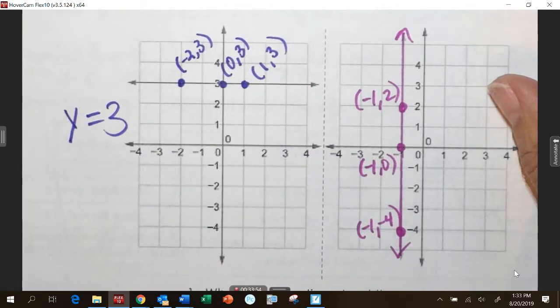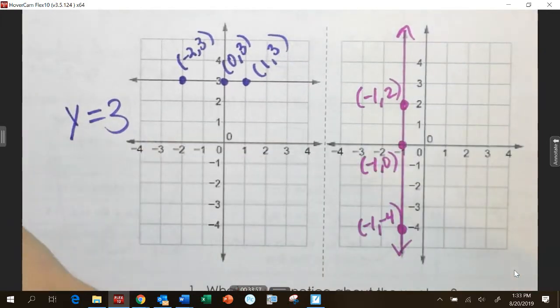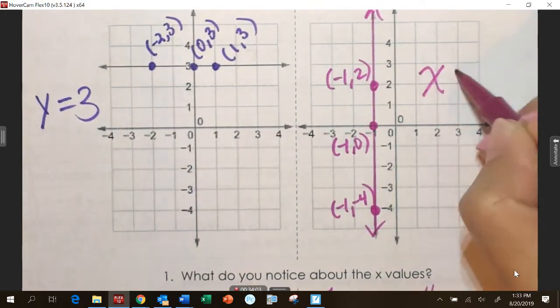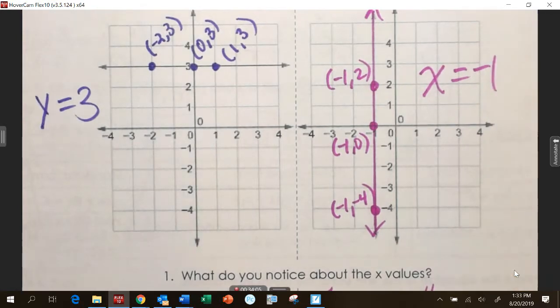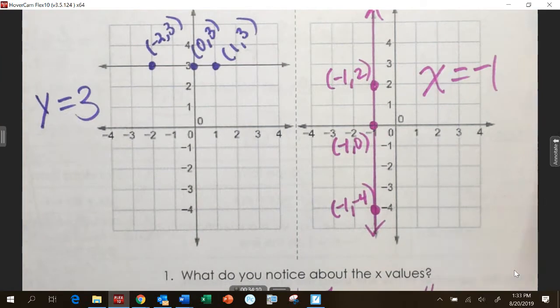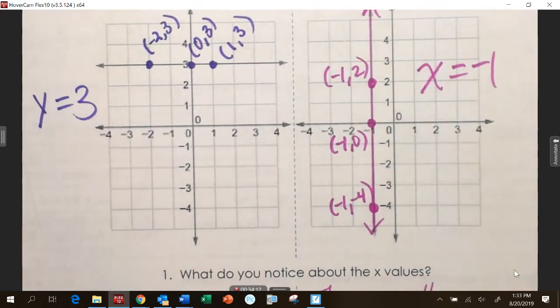Because the y values are always the same number. They're always 3. x has changed, but the y value is always 3. So how about my pink one? x equals -1 is the equation. x is always -1. The y value has changed. So those are the equations.